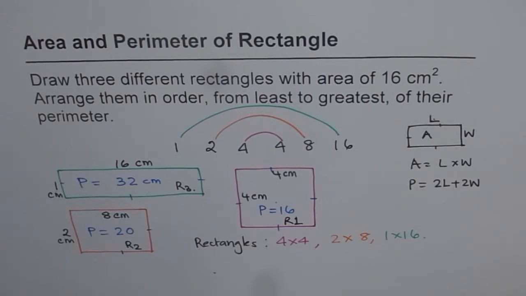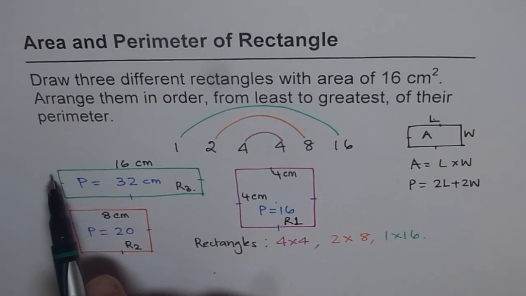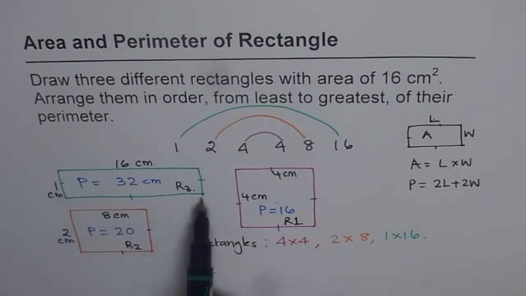It is kind of important to see that for the same area, we can have different perimeters. So imagine if you have a garden which is square in shape, you need less fencing. But if your garden is like this, a big rectangle, you need more fencing, since fence is to be put all around your garden. Do you see that?